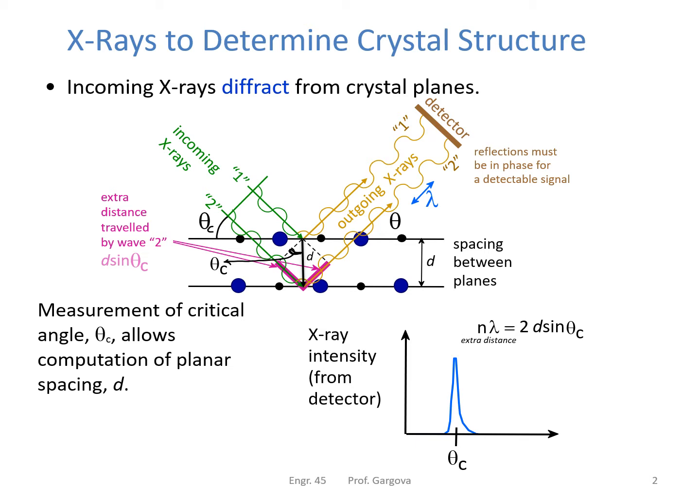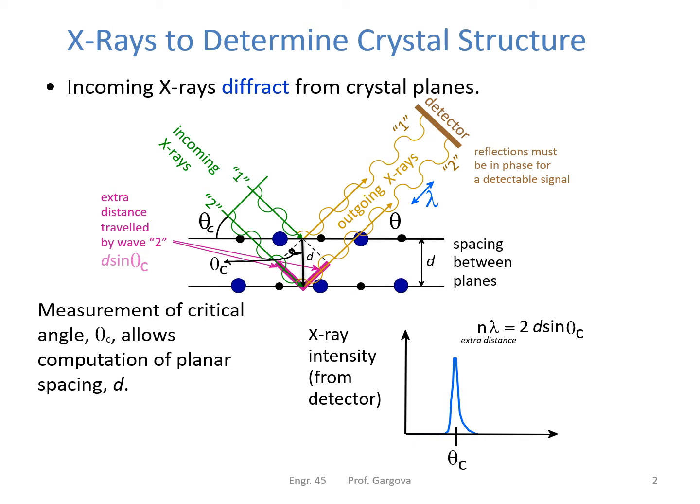It accounts not only for the length of the incoming X-ray 2 as it's hitting your sample, but also the length it has to travel when it's reflected off the second plane. This is known as Bragg's law, and it helps you determine the distance between two planes.